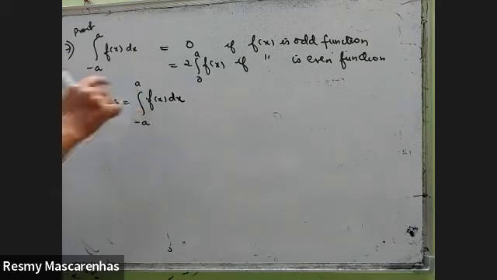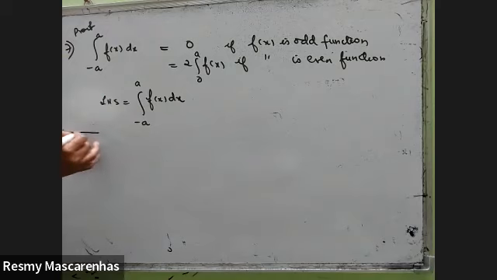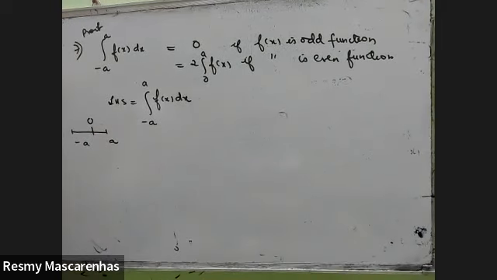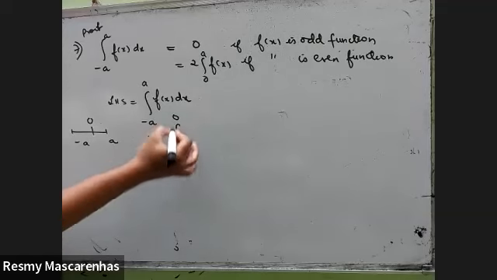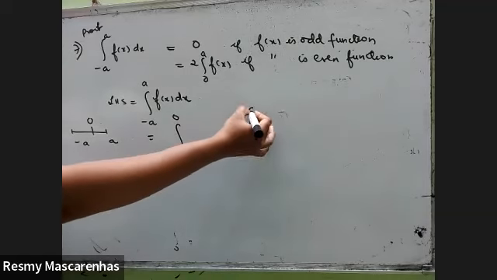We'll split it into two parts. From minus a to a, I'll split it into two parts, with the middle point being 0. So the first interval I'll take from minus a to 0 and then from 0 to a.